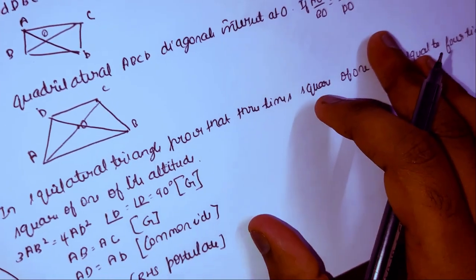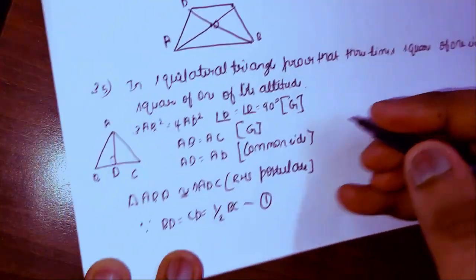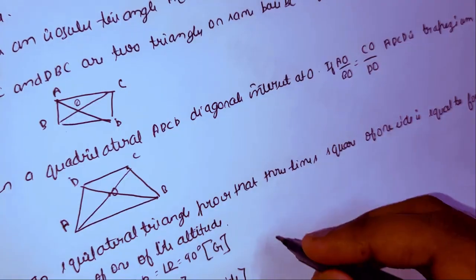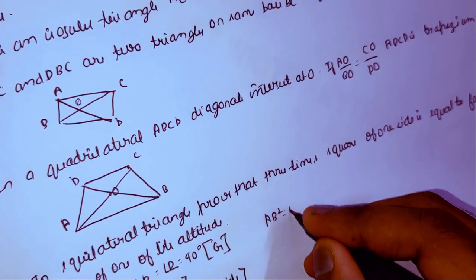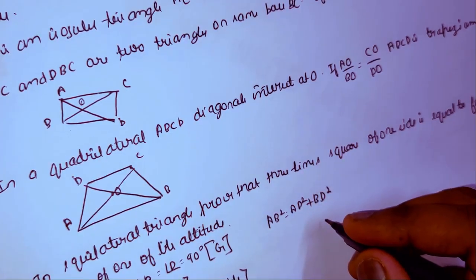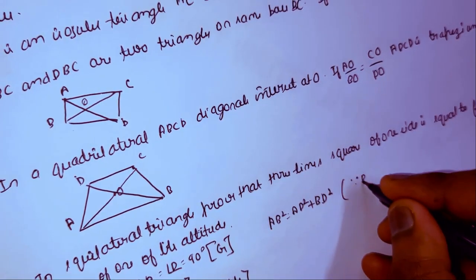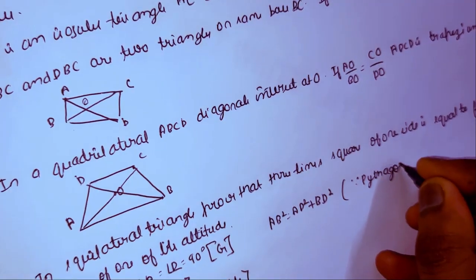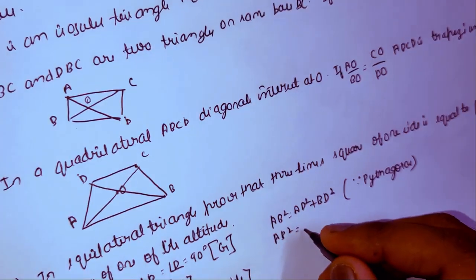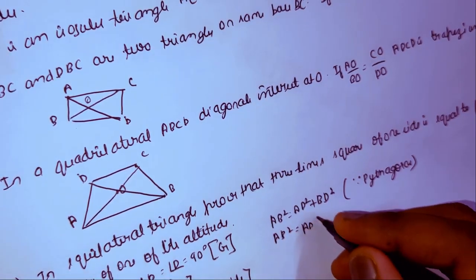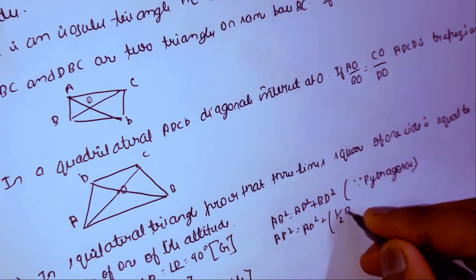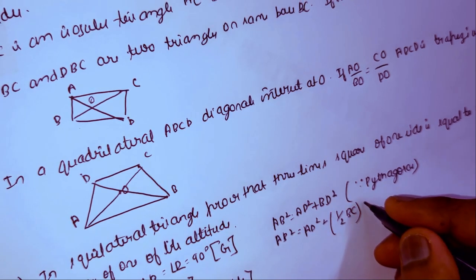Now in right angle triangle ABD, AB square is equal to AD square plus BD square, Pythagoras theorem. Instead of BD, substitute that as half BC by first equation.